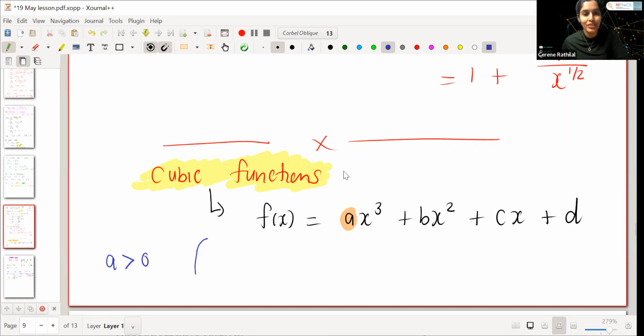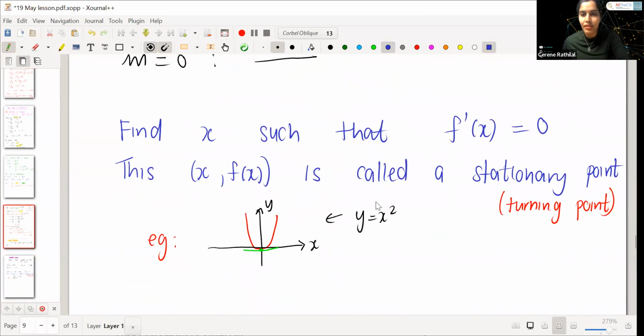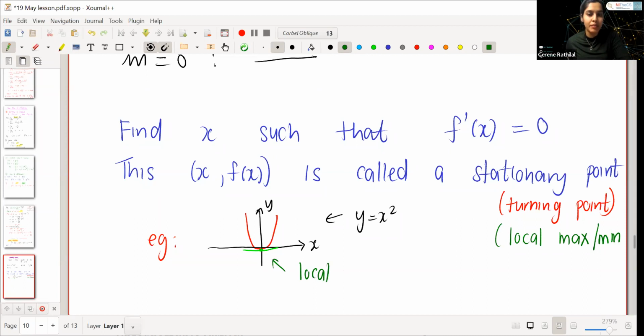more terminology. Another word that I was just about to use for stationary point was a local max. Or you will see we might talk about a min. So in this case, this turning point was the minimum value on the parabola. So we would refer to it as a local minimum. Okay.